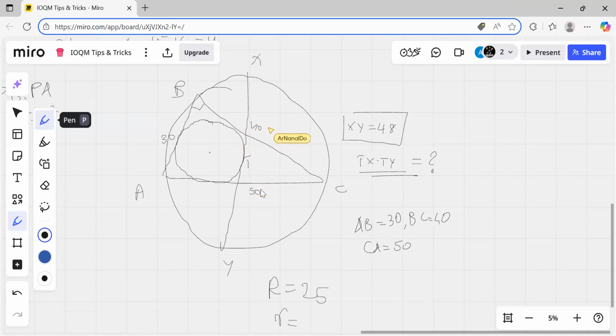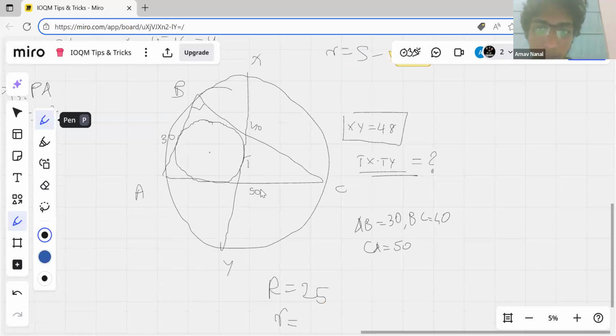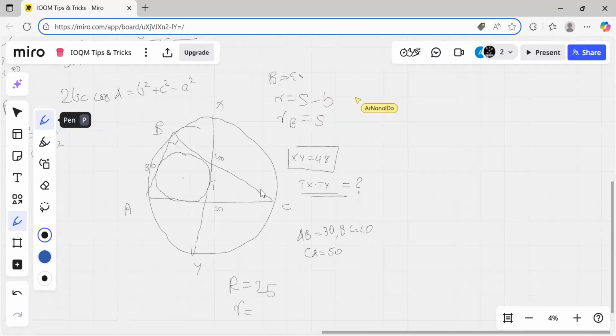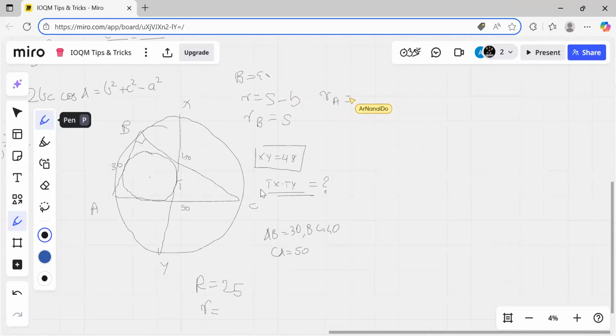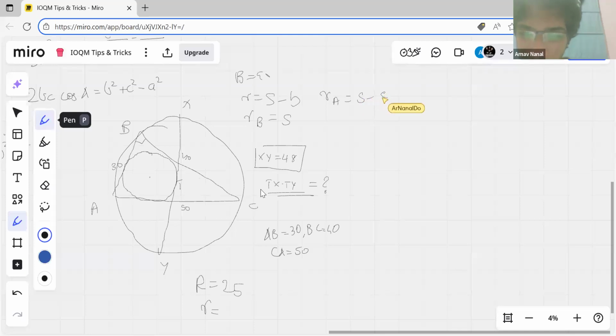For right angle triangles, the inradius and exradii are really trivial. So if you have s for right angle triangles, then inradius is just s minus b, where b is 90. I think the rest of them swap or something. I don't remember exactly. I think this is s minus c. Let's just confirm. They either swap or they remain the same, but these two are very good.